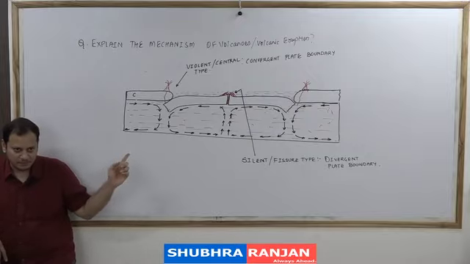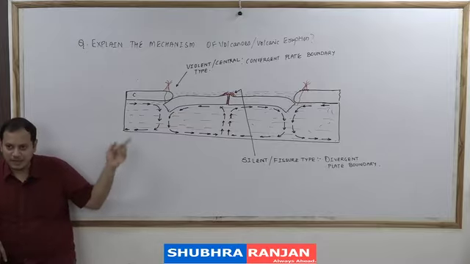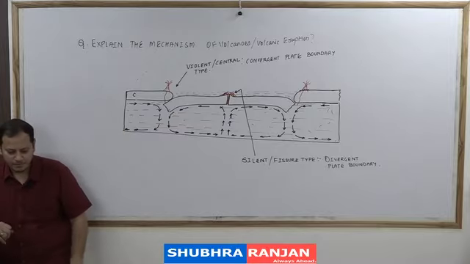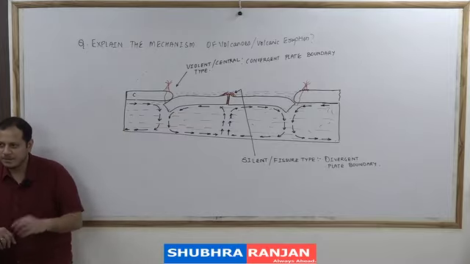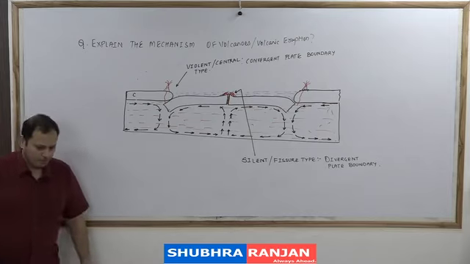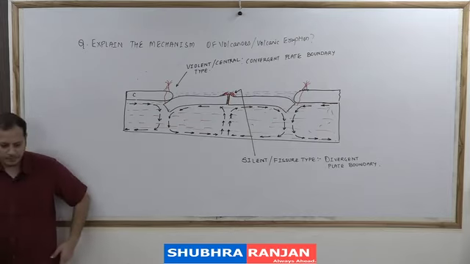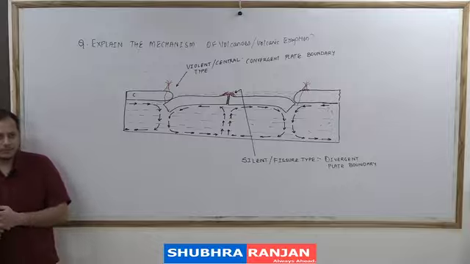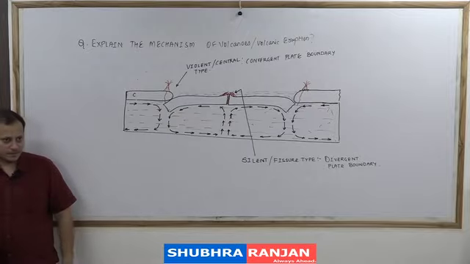This type मतलब the central type of volcano. इसमें best example Pacific Ring of Fire.